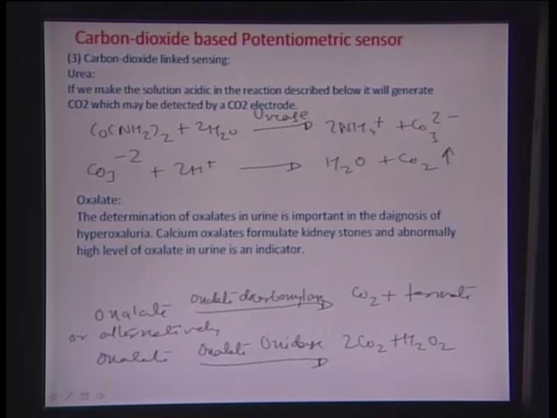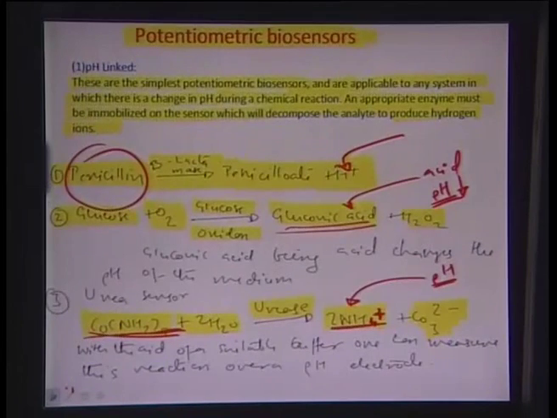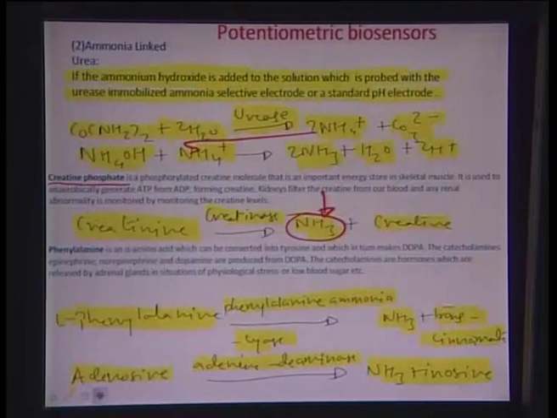Following this, we can look into some carbon dioxide linked sensing mechanisms. We have already covered pH, as you saw in the first slide, followed by ammonia based sensing, where these different analytes of interest were recorded using ammonia, looking at it through the pH electrode, but then equilibrating that with some kind of a salt solution of ammonia.